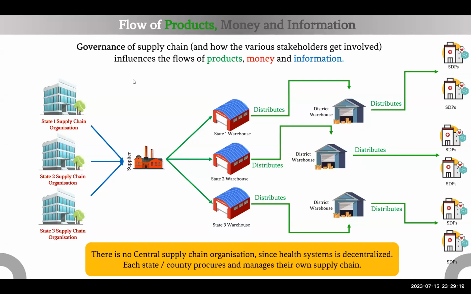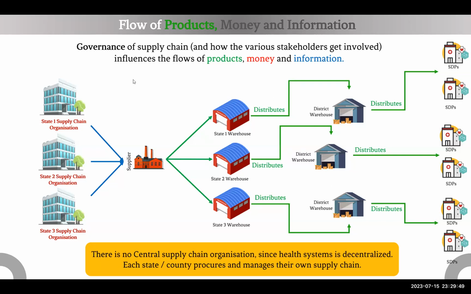To that same supplier, different states are placing orders: state 1, state 2, state 3, state X. Everyone is placing orders for similar products to the same supplier, who is then distributing the products to warehouses belonging to different states. And then each state is distributing to their districts or sub-level intermediary warehouses, from where it goes to the service delivery points.